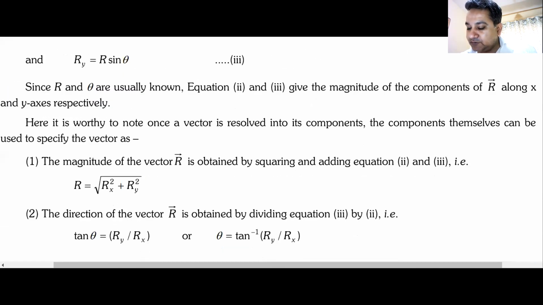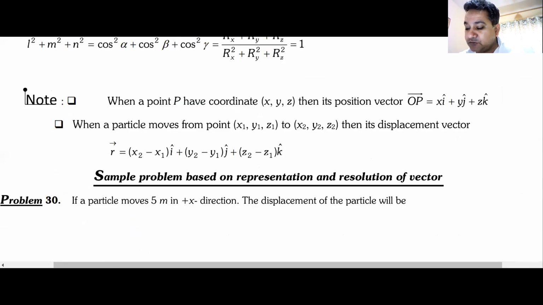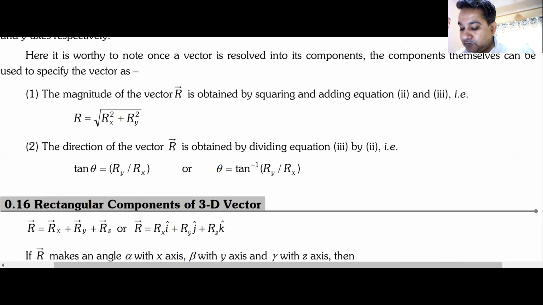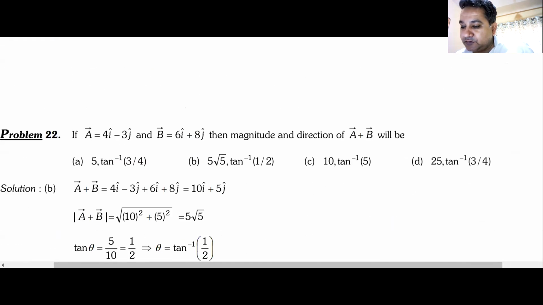Okay, I think it is missing here. Let me see where it has gone. This polygon law was there in the notes. Okay, I missed it before the subtraction thing.